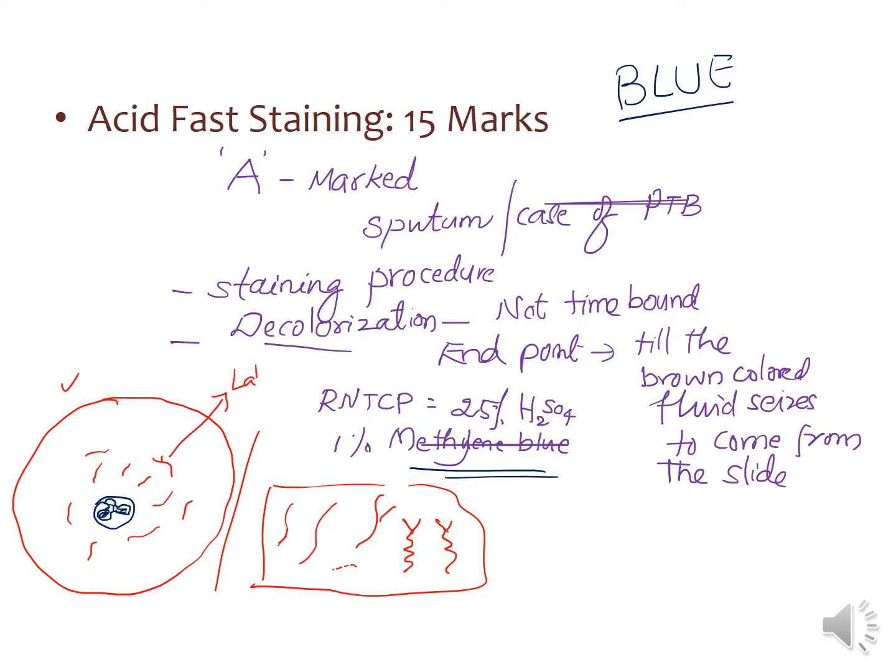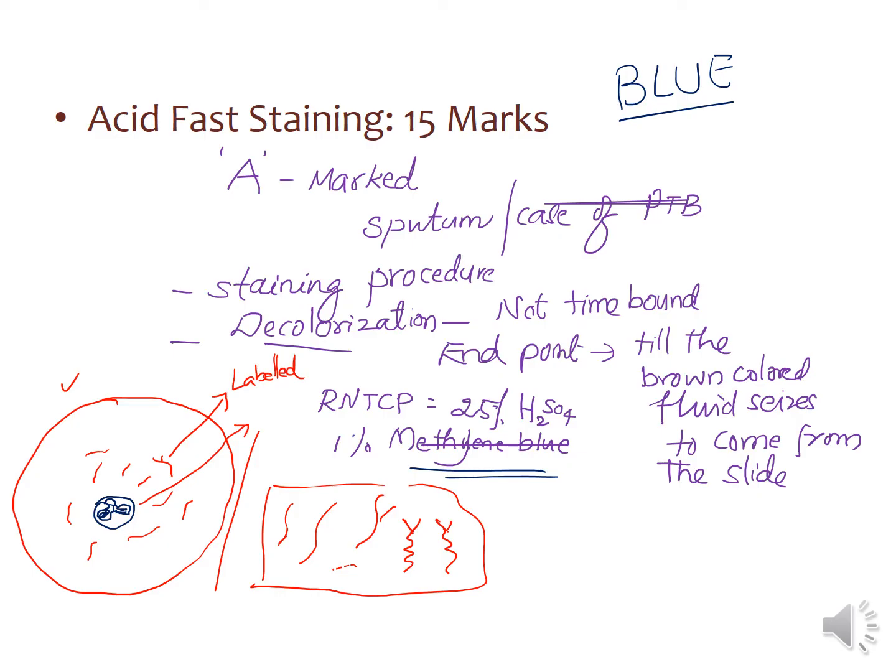This also has to be labeled properly. So the pus cell with long slender bacilli with occasional branching. Because of that branching only they are called mycobacteria, right? So this diagram is very important.